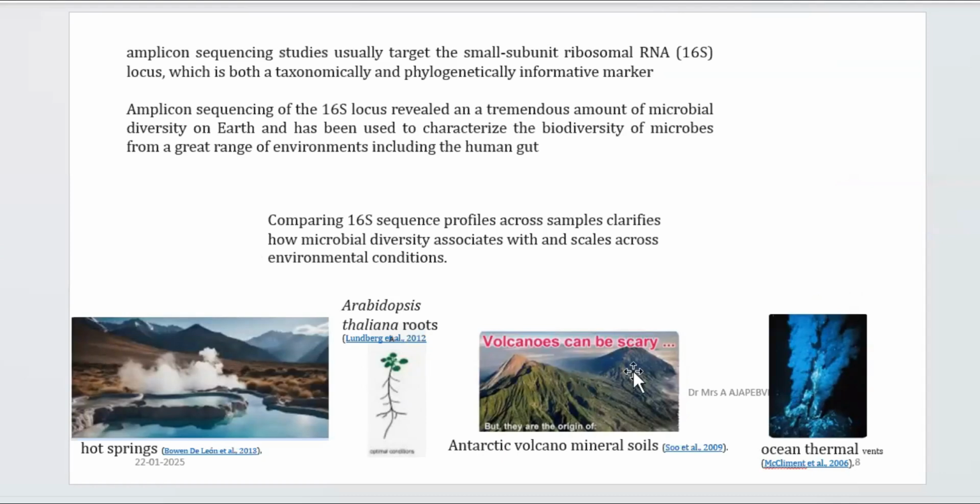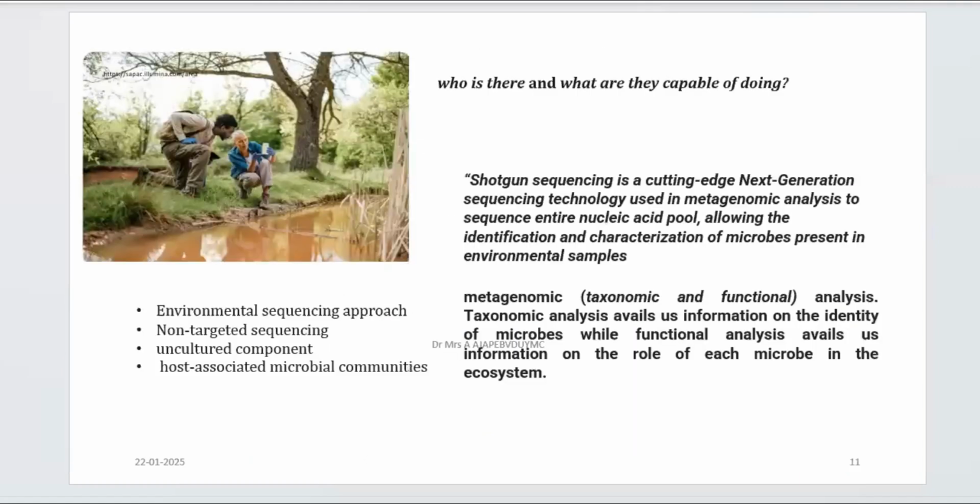Is it possible by 16S rRNA? That was the question. So in such cases, you might have to go for entire genome sequencing, and that's why shotgun sequencing method is used. Here are the highlights for shotgun sequencing, and I think this should be the end of the story from my side.